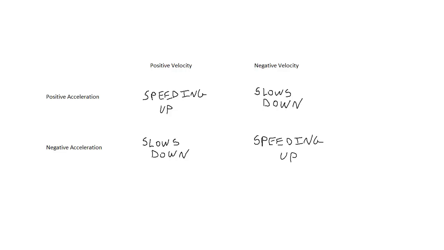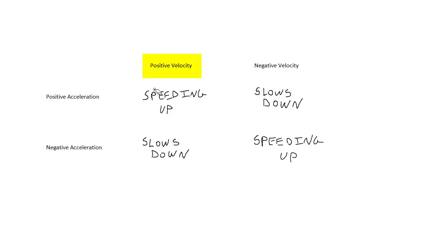Can you see the pattern now? Take a look at the chart carefully. Look at both speeding up scenarios. Notice how in either the speeding up scenario in the portion here or the speeding up scenario in the portion down here, the sign of the acceleration and velocity match.